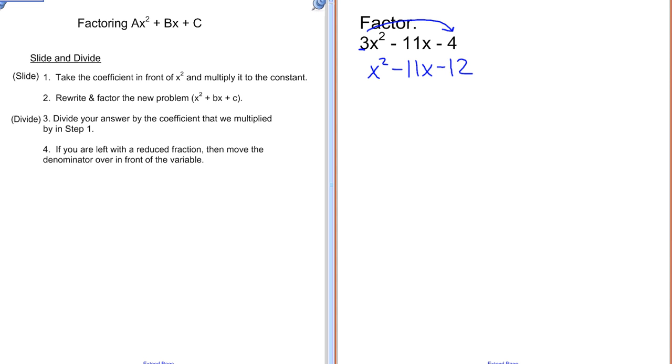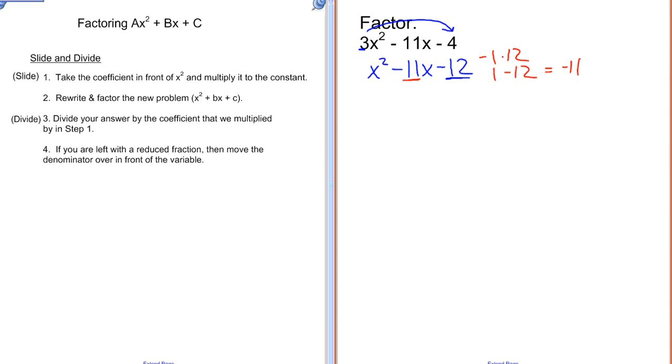Now this is what we did in the last video. So we're going to take the factors of negative 12, and let me switch colors here, and negative 12 would be negative 1 and 12, or 1 and negative 12. And we can continue listing all those factors, but we're looking for the one of these factors that add up to be negative 11. Well, I see right here that 1 plus negative 12 is negative 11.